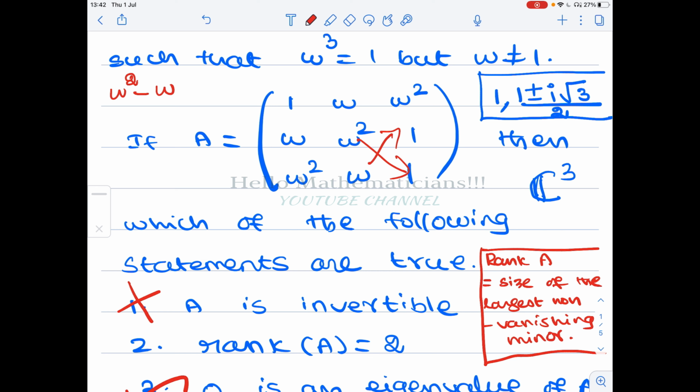So, as I said, if you take w to be either (1 plus i root 3)/2 or (1 minus i root 3)/2, and if you take w to be (1 plus i root 3)/2, then w square will be (1 minus i root 3)/2. So for the time being I'll take w to be (1 plus i root 3)/2. Then I get w square minus w is (1 minus i root 3)/2.